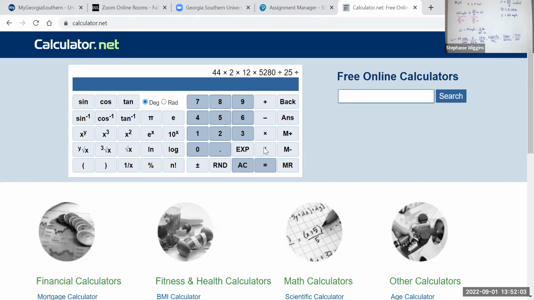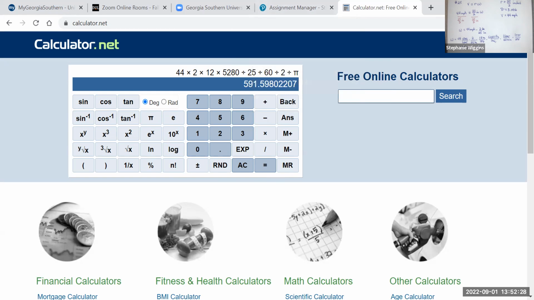Then divide by 60. Divide by 2. And divide by pi. And yeah, I forgot to multiply by 2. So this time I got 591.60. That's better. I just didn't calculate it correctly.